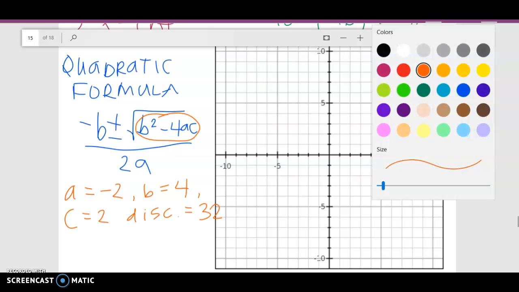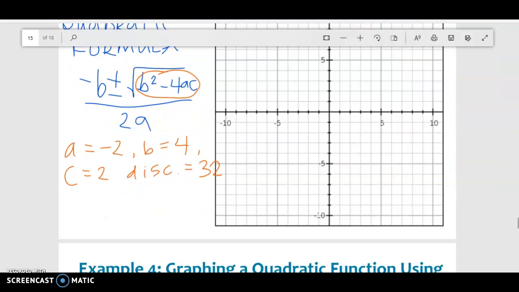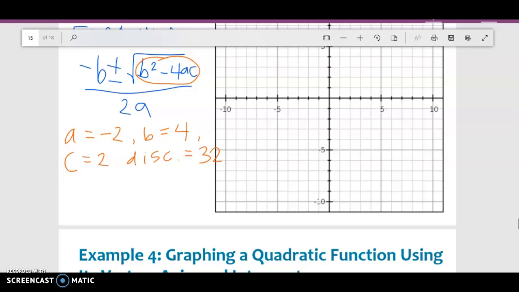So I have negative 4, that's negative b, plus or minus the square root of the discriminant expression, b squared minus 4ac, which we already calculated as 32, and that's all over 2a, so 2 times negative 2. So we have negative 4 plus or minus the square root of 32 over 2 times negative 2.